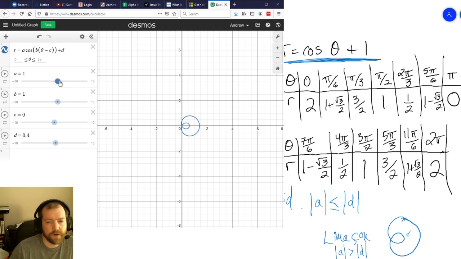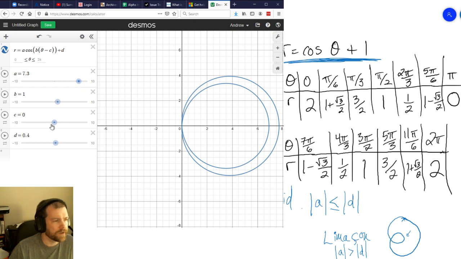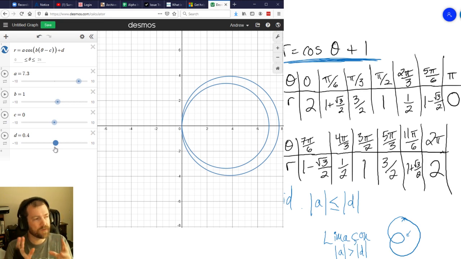So if we increase our a value a lot more, again, we're going to get sort of the same thing we did when we increase d and not a, where you get the two parts of the limaçon closer together relative to the whole picture, but they're going to have the exact same distance apart between these two pieces.